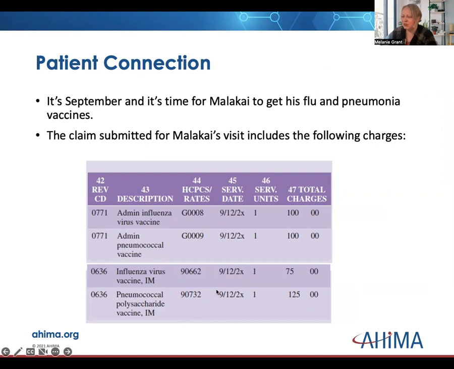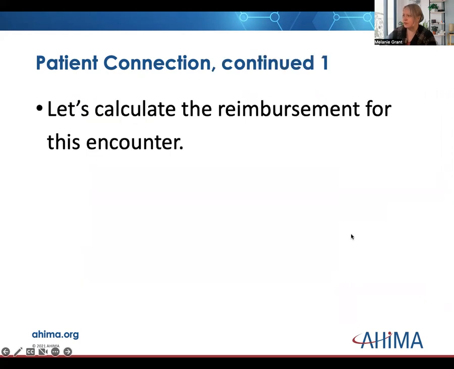One's for the injection and one is for the service itself. These are the charges, they're each listed, and the total prices for each one. We're going to calculate the reimbursement for this.